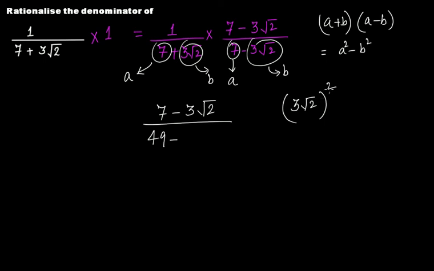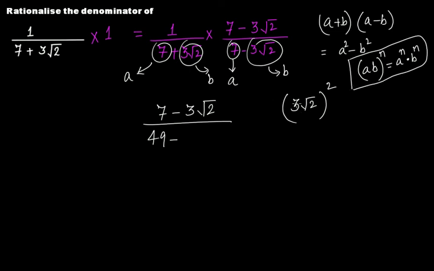Now this is of the form a multiplied by b whole raised to the power of n, and that is equal to a raised to the power of n multiplied by b raised to the power of n, right? The laws of exponents. Same thing will be applicable here as well.